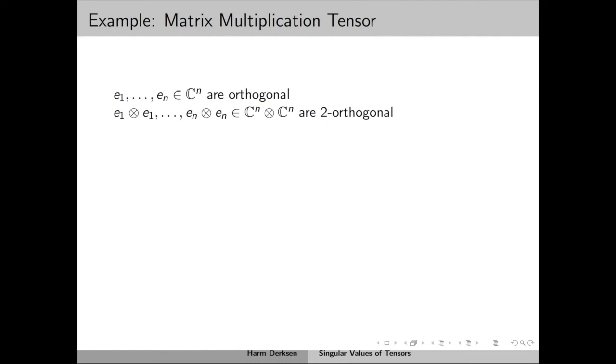So now we get back to this example of matrix multiplication. If you just choose a basis of C^n, then they are orthogonal. Now, using this one property, if I take the tensor products with itself for all these vectors, I get something that's 2-orthogonal. So that's sort of the horizontal tensor product property.